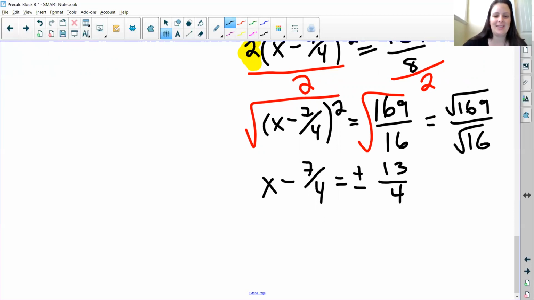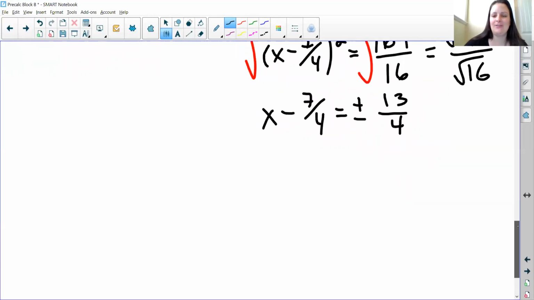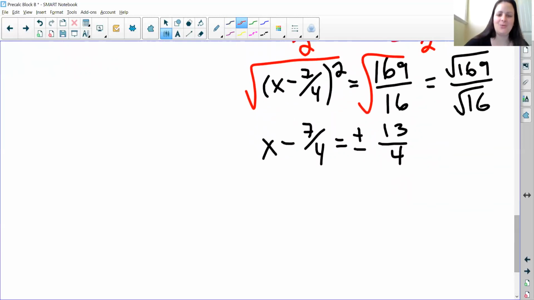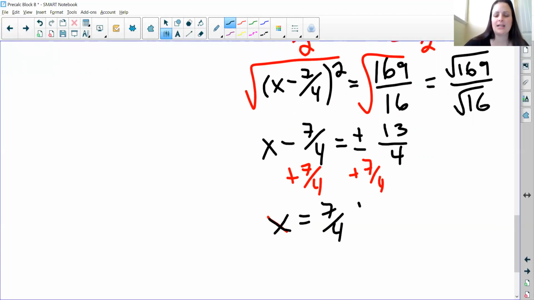Okay. Keeping everything in fractions, we're going to add 7/4 to both sides. And that means x is going to equal 7/4 plus or minus 13/4. And isn't that lovely? They have the same denominator to make it easier for you.